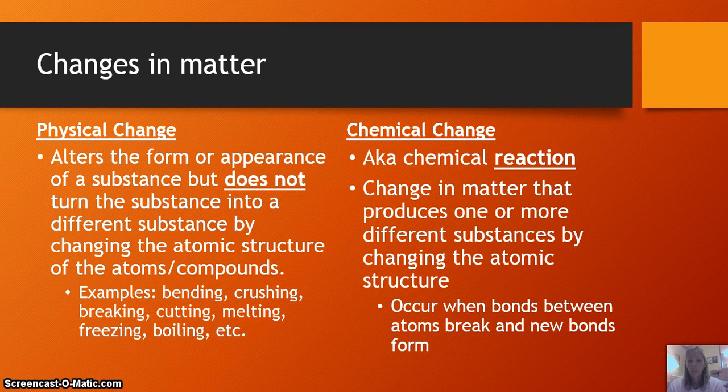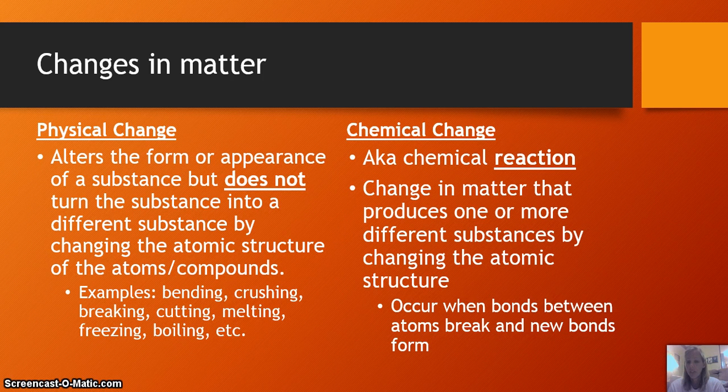Chemical change has a synonym. It's chemical reaction. And we have actually used the word reaction or reactivity in the past few days. If you recall, metals are very reactive, and so therefore they undergo chemical changes often when combined with other elements on the periodic table.